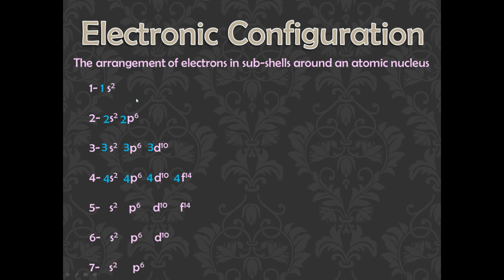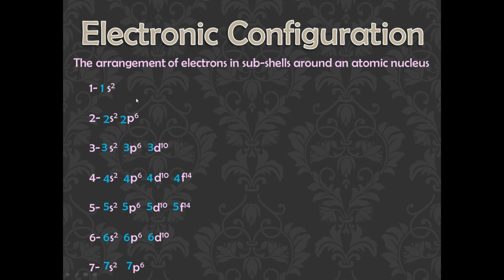Similarly, I'll write number 5 with all the subshells of fifth shell, number 6 with all the subshells of sixth shell, and number 7 with the subshells of seventh shell.